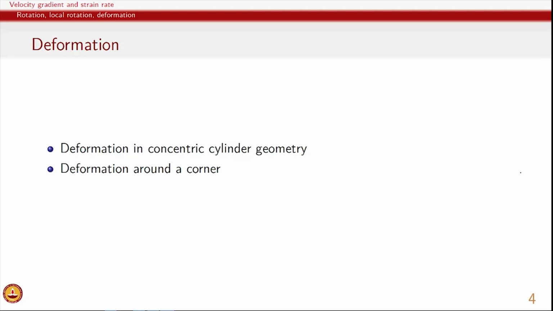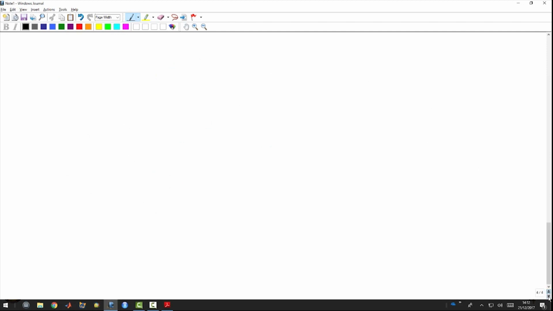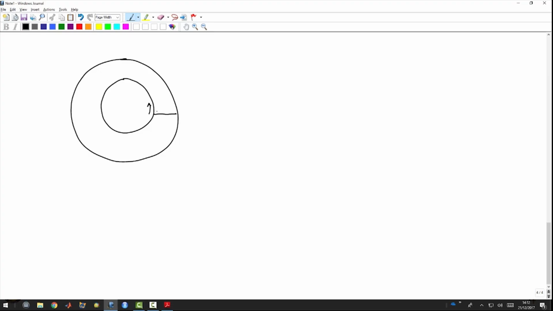So let's just look at an example geometry, which is concentric cylinder. We have an inner cylinder which rotates with a certain velocity, and the outer cylinder which is kept fixed, and because of this the flow profile is such that the inner cylinder keeps on moving, and therefore the velocity would be something like this.